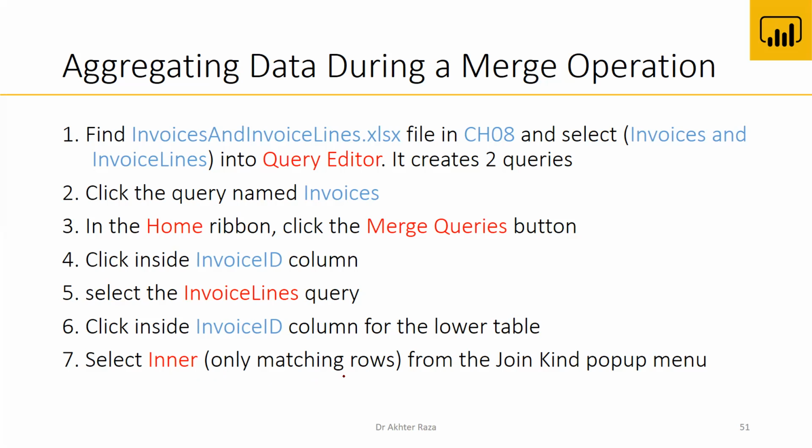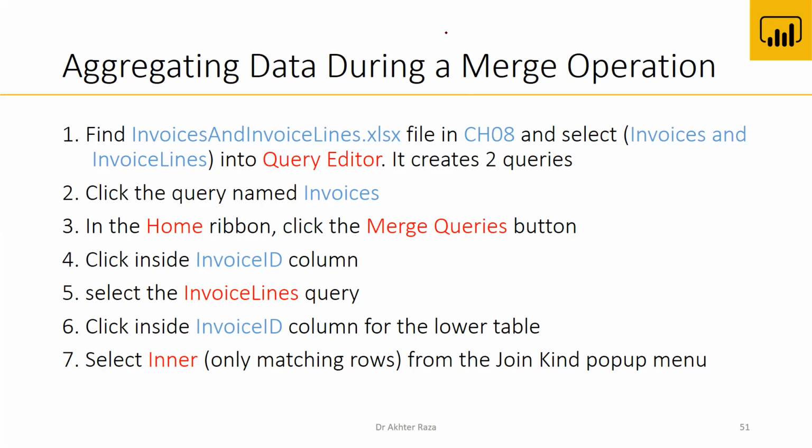Inner option is what? Only the matching rows. Only those rows which are matched in both tables are to be joined. And the sum of the sale price will be calculated.